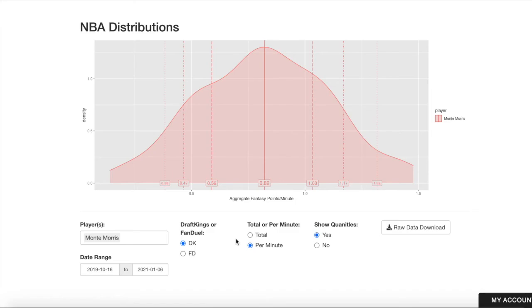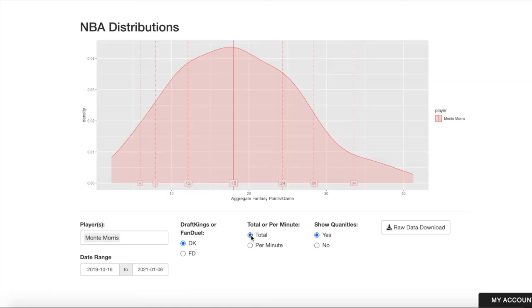But if we were all of a sudden thrusting Monte Morris into a 30-minute role due to some injury that pushed him into the starting lineup, we can see how the range of expected outcomes for Morris might be more applicable rather than looking at his per game distribution, which centers below 20 and seems to have a ceiling in the high 20s, low 30s.